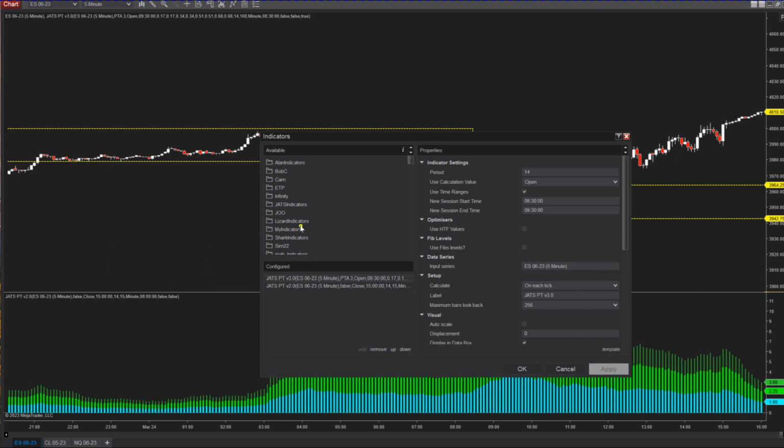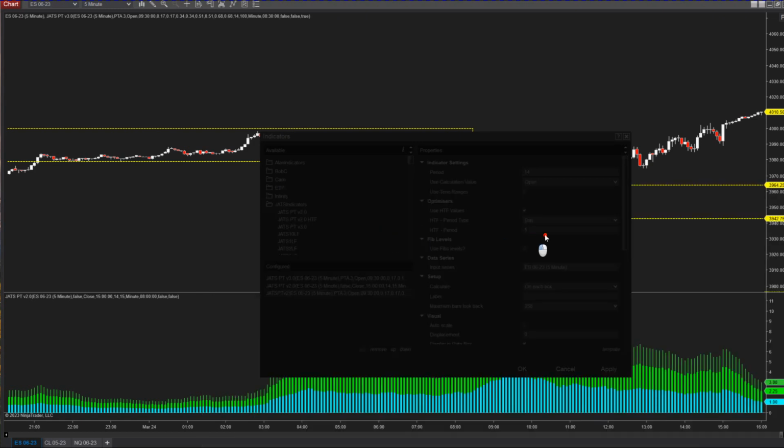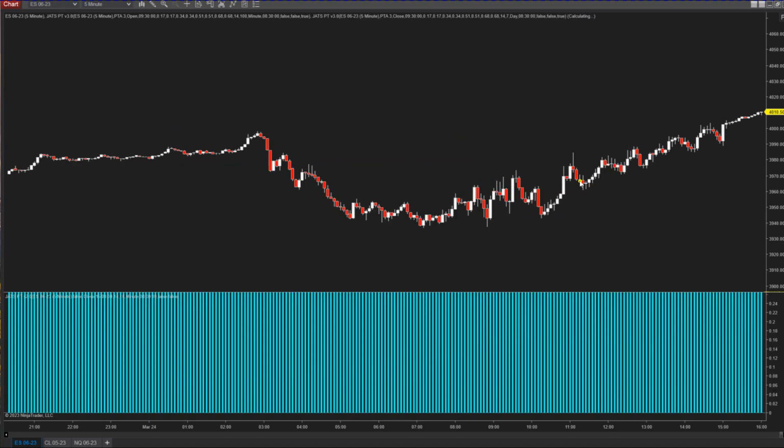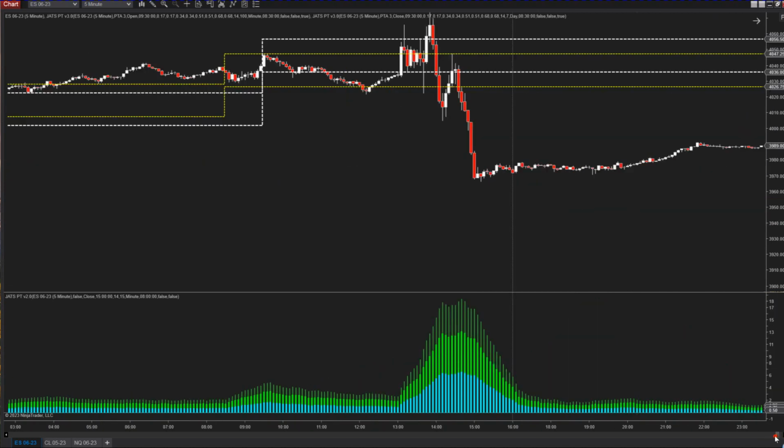So there's the open, and then I can put the 1 hour IB on the close. I'll do that in white. And after that 9:30, when you get your initial balance, that'll give you a second level.